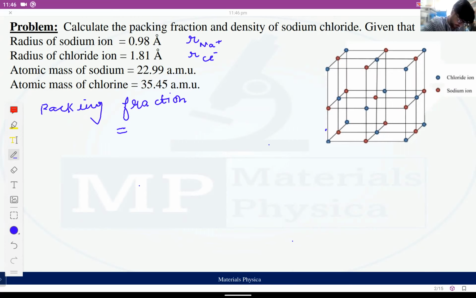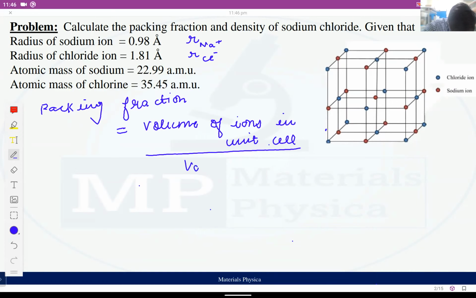So packing fraction is equal to volume of ions in unit cell over volume of unit cell.